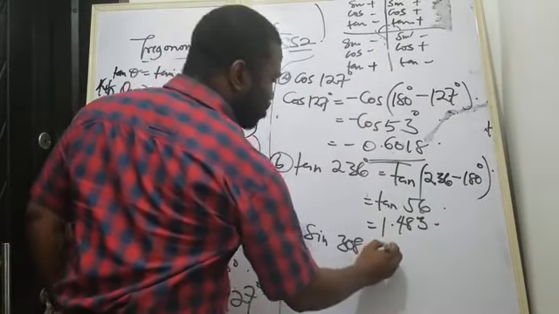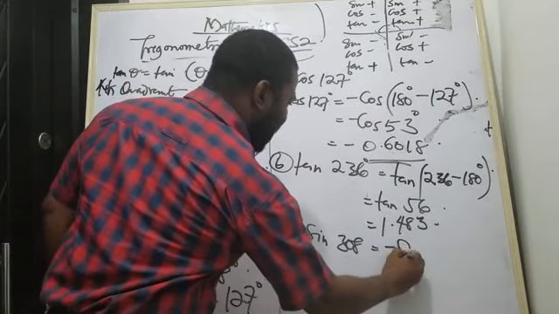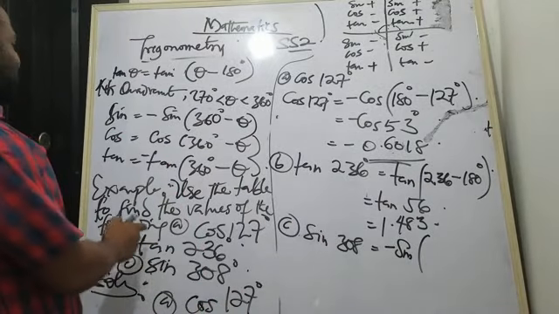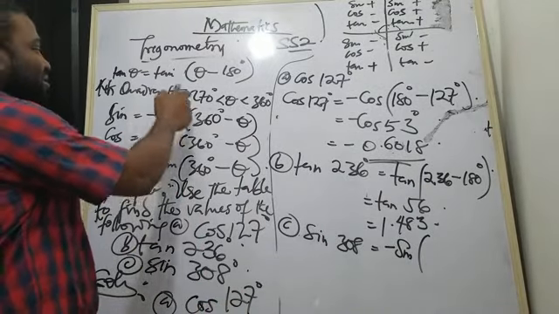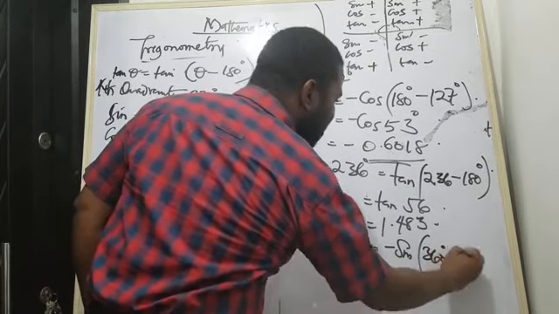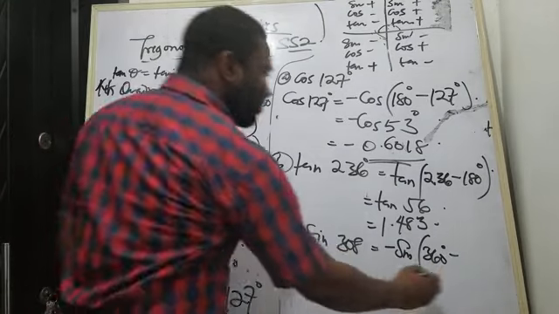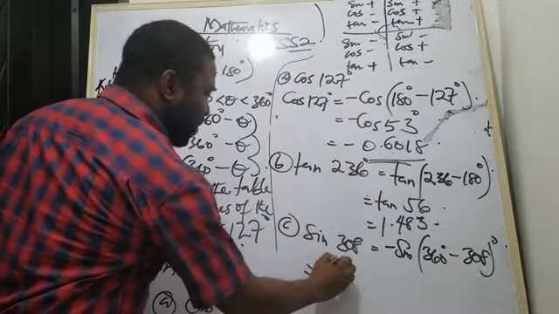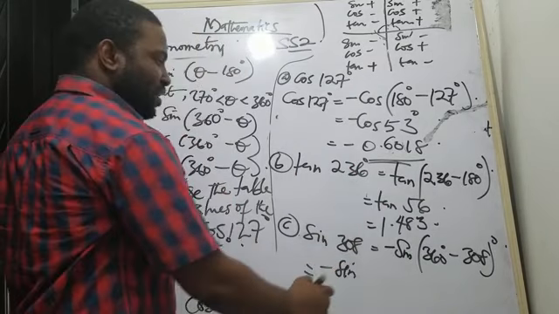It's negative. So you have negative sine, and under the fourth quadrant, you have 360 degrees minus theta. What's our theta here? 308 degrees. So what do we have here? Minus sine.